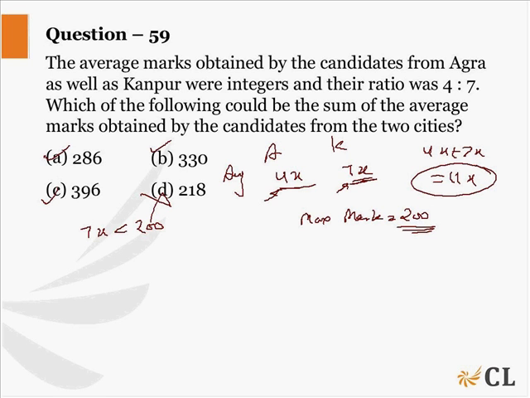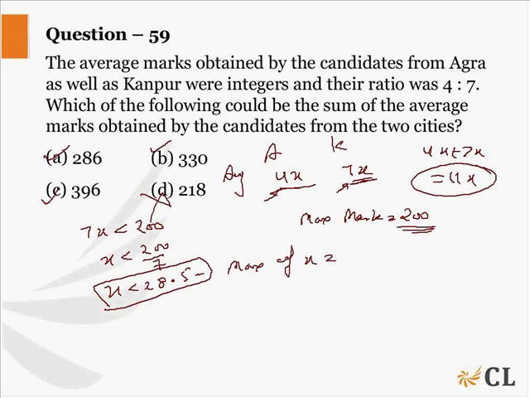Gives you x less than 200 by 7, which is nothing but x is less than 28.5 and so on. So that means the maximum value of x is 28 only. 28 से ऊपर आप x की वैल्यू नहीं ले सकते हो.